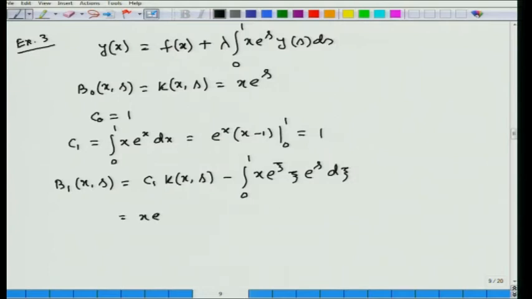x e to the power s minus, we can take x e to the power s outside the integral, x e to the power s, then integral 0 to 1 xi e to the power xi d xi. Here we have already evaluated integral 0 to 1 x e to the power x dx equal to 1. So, this will be equal to x e to the power s minus x e to the power s into 1.